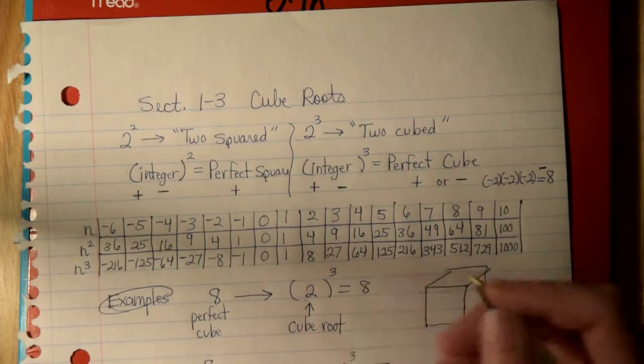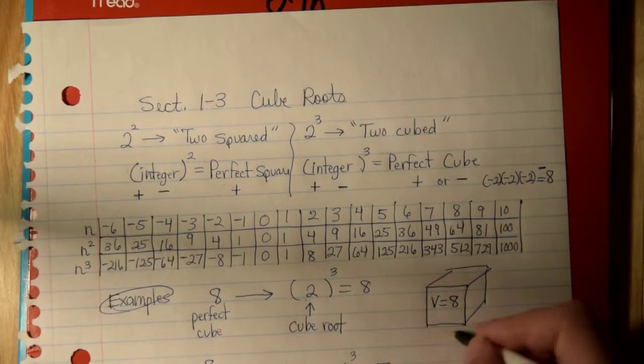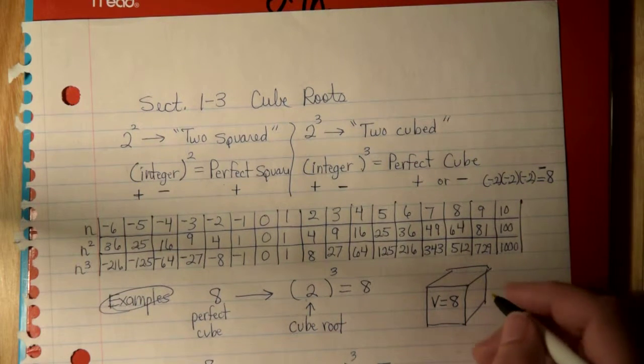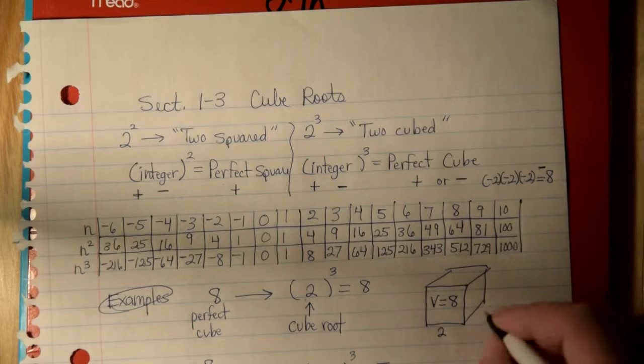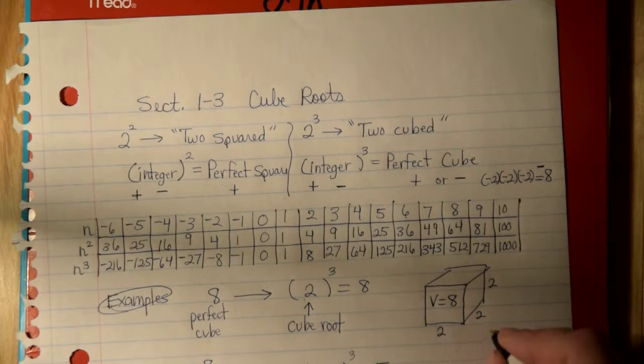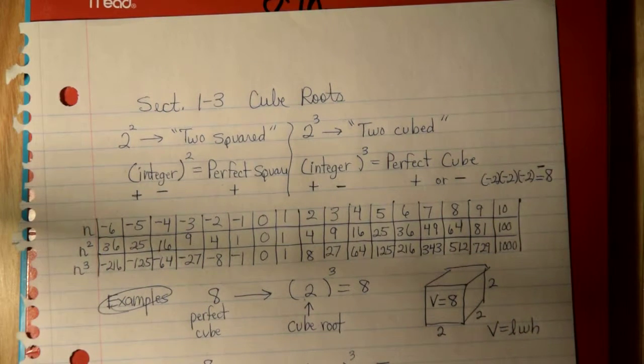So for example, the perfect cube of 8 has a volume of 8, and it would have whole number side lengths. So in this case, it would be 2 times 2 times 2. Because if you remember, volume is length times width times height. So that would be a perfect cube.